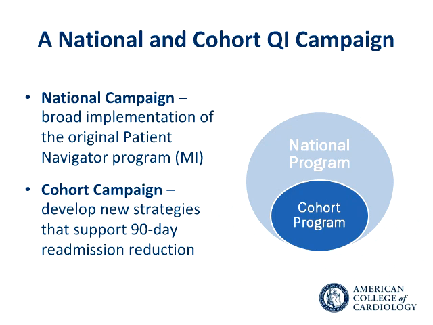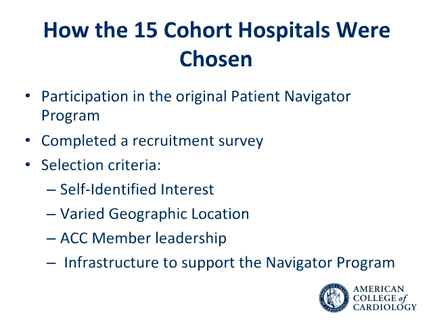So when we talk about the cohort program, this is a group that has already been identified and chosen. And these represent 15 sites or hospitals across the United States, of which they participated in the original Patient Navigator program. That was requirement number one. They completed a recruitment survey, and then they met pre-identified selection criteria that included their own self-identified interest.